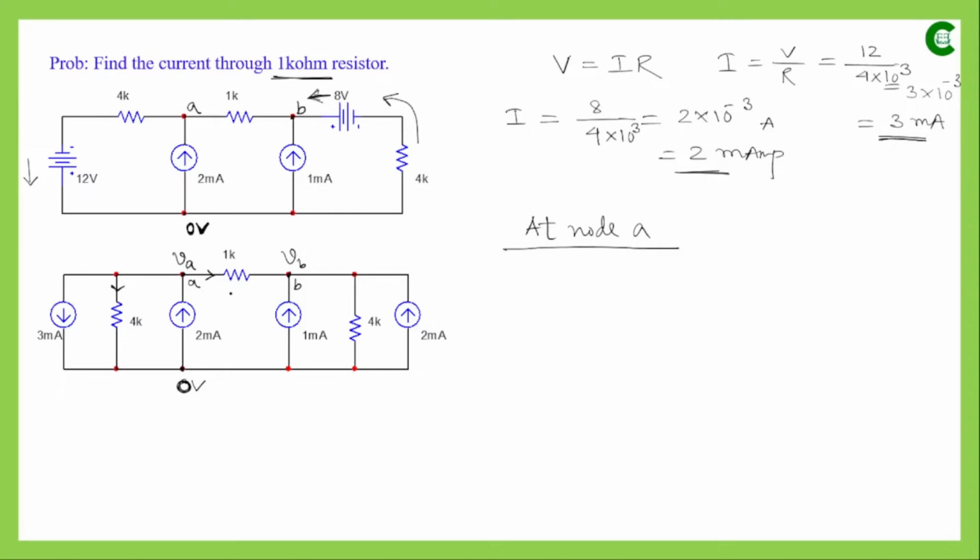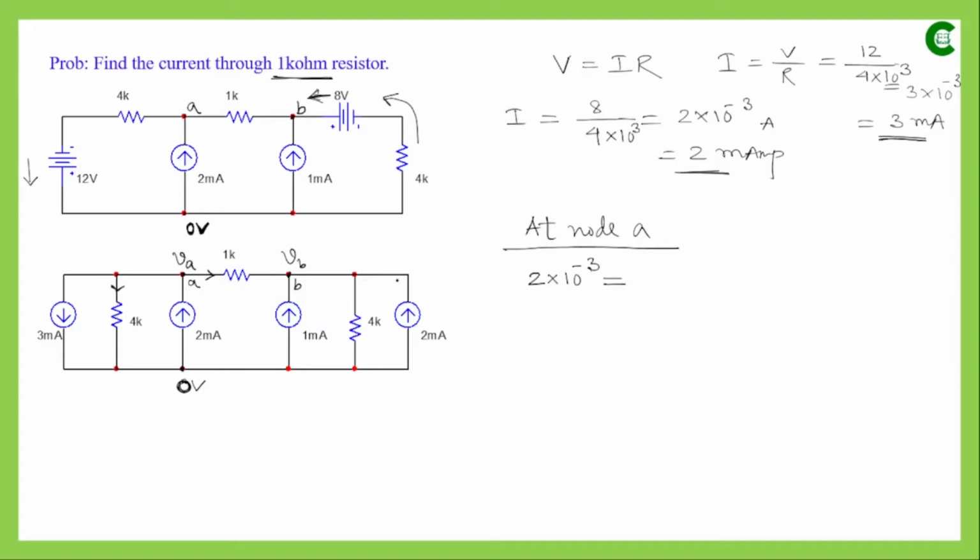First we will consider what are the currents that are incoming with respect to that node. With respect to this node, these three currents are outgoing currents. We have only one current which is incoming current. Let's write the value of that current: it is 2 into 10 to the power minus 3.